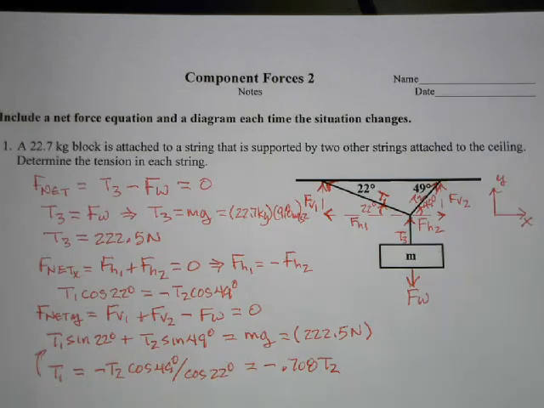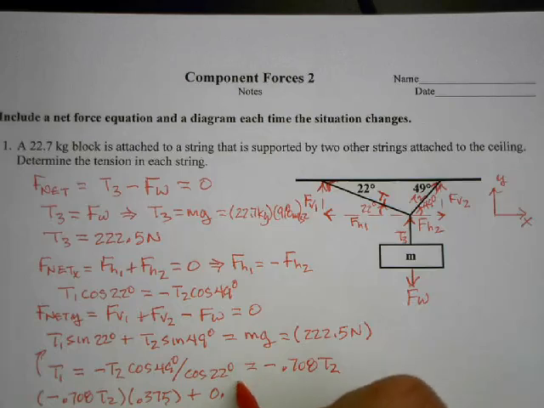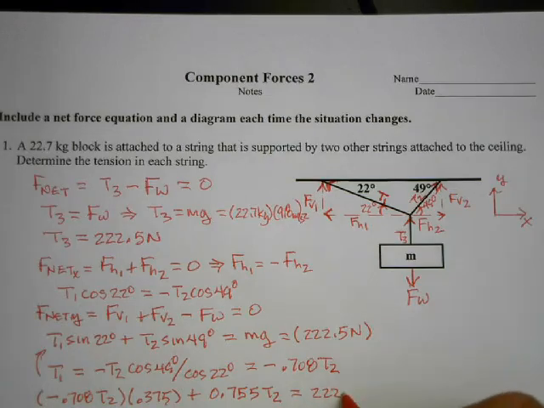So basically, negative 0.708 T2 times the sine of 22, which is 0.375, plus sine of 49 times T2, which is basically 0.755 T2. And again, all of that has to equal 222.5 newtons.